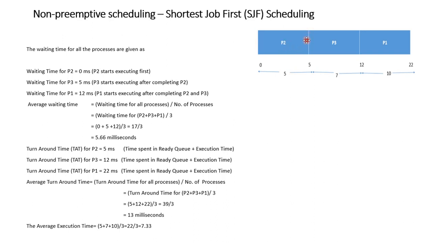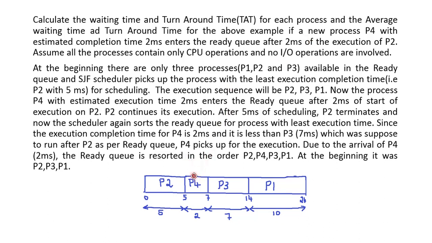That process is P4. P4 enters the ready queue with the execution time which is smallest compared to all the execution times, and that is 2 millisecond.